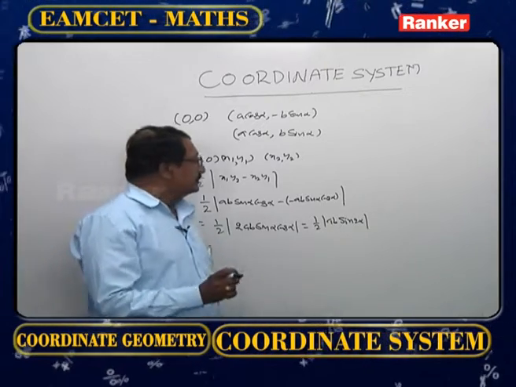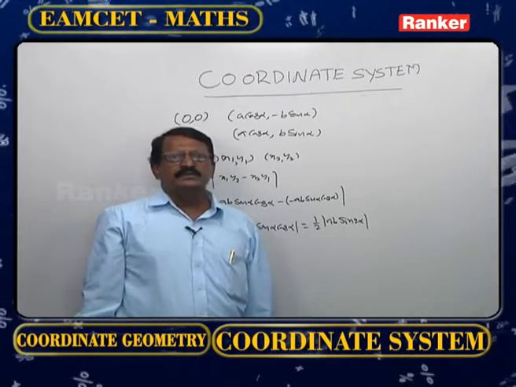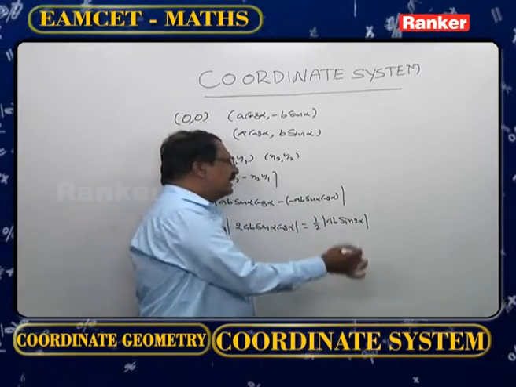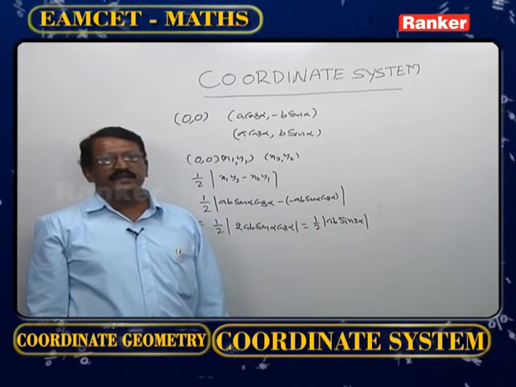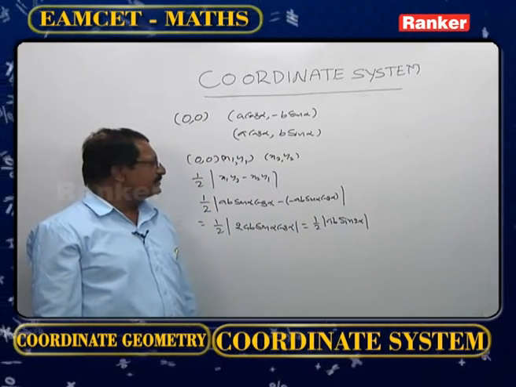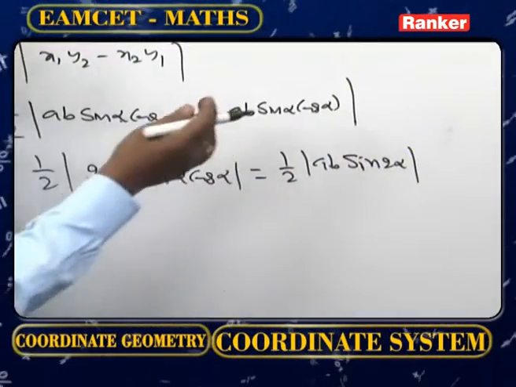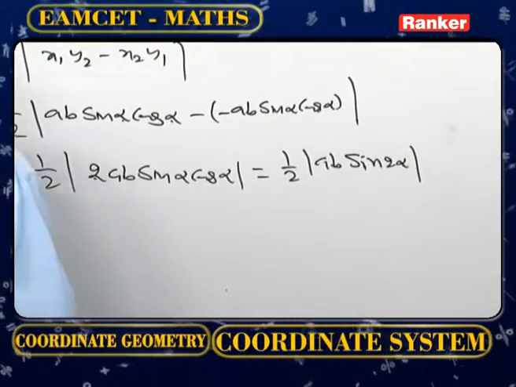Now, the maximum value of sin theta is 1, when theta equals 90 degrees. So if 2 alpha equals 90 degrees, we get the maximum area of the triangle.